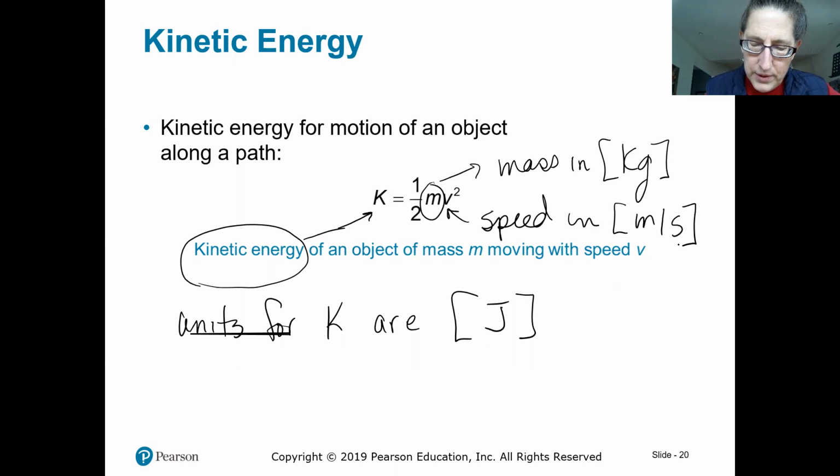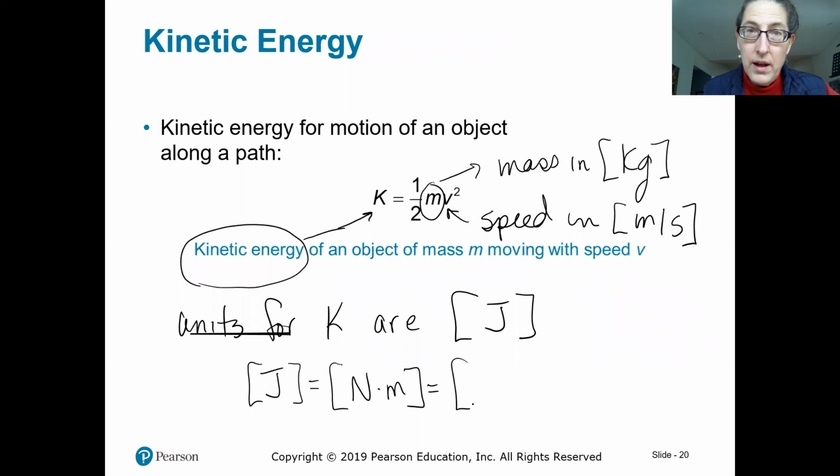Okay, so we just saw that a joule was a newton times a meter when we defined work, because work comes in the same units as energy. They're all joules. So we know that this is a newton times a meter. Well, if you remember from Newton's second law, F equals ma, a newton is a kilogram meter per second squared.